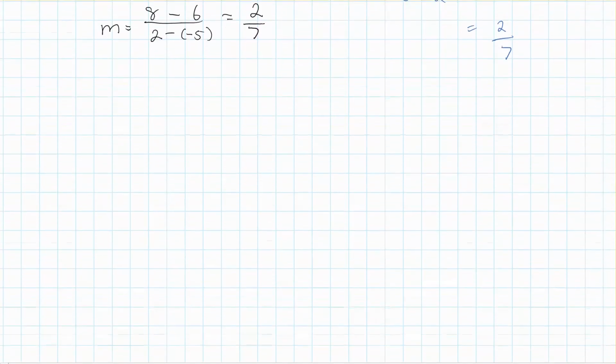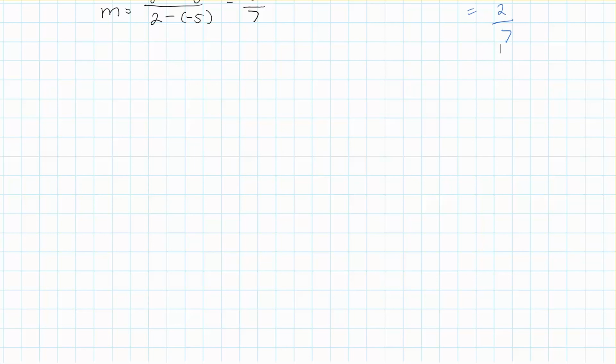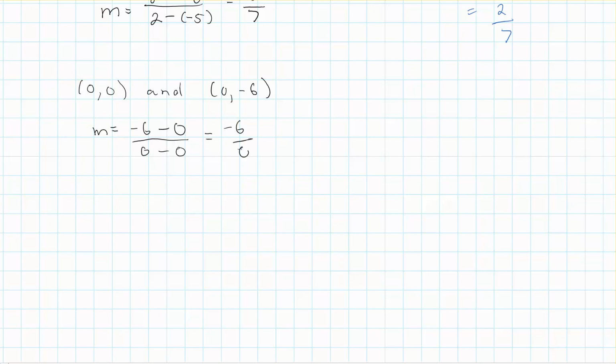Alright, so let's look at a couple more examples here real quickly. Let's look at 0, 0, and 0, negative 6. Now I'm not going to keep writing the slope formula down, but we'll go ahead and do these computations. So this would be m is equal to y2, negative 6, minus y1, 0, over x2 minus x1, which would be 0 minus 0, which gets me negative 6 over 0, which hopefully we all recognize right away.